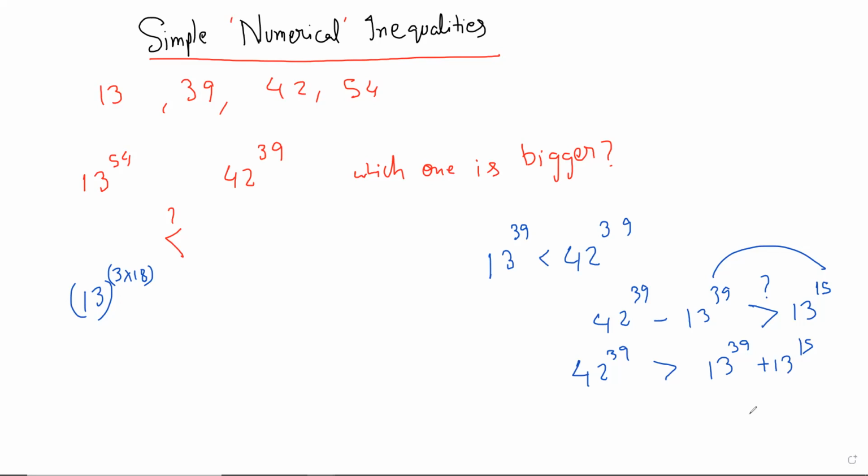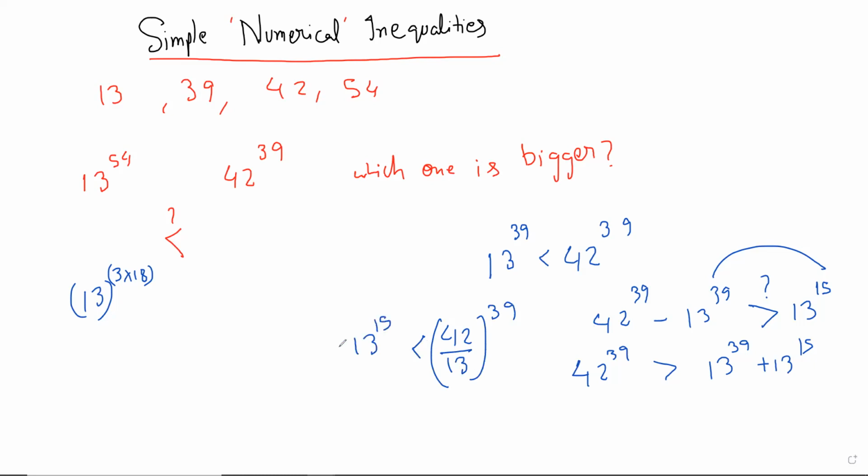So it's not about the difference, it's about the ratio. You can ask, what is the ratio? You have made a good observation. What you should ask is, what about the ratio? Is this ratio bigger than 13 to the power 15?